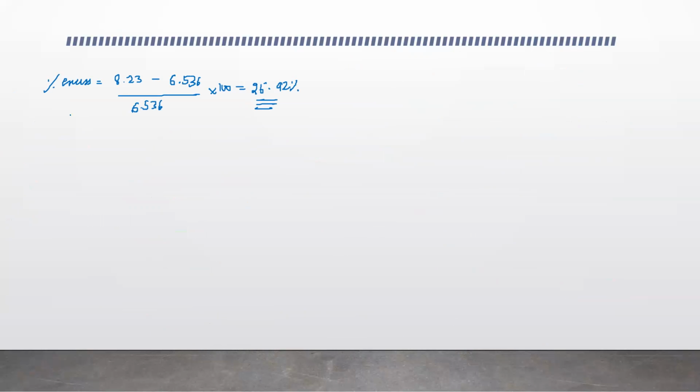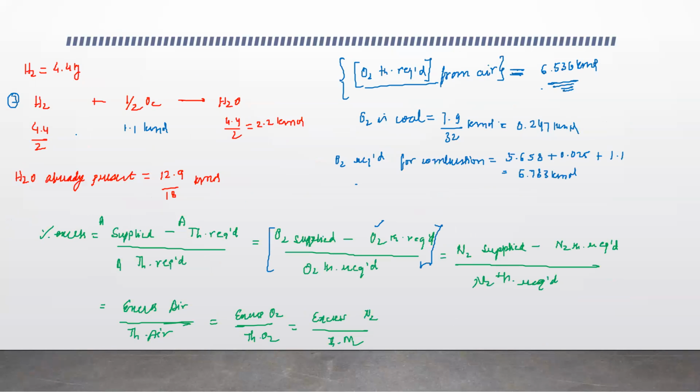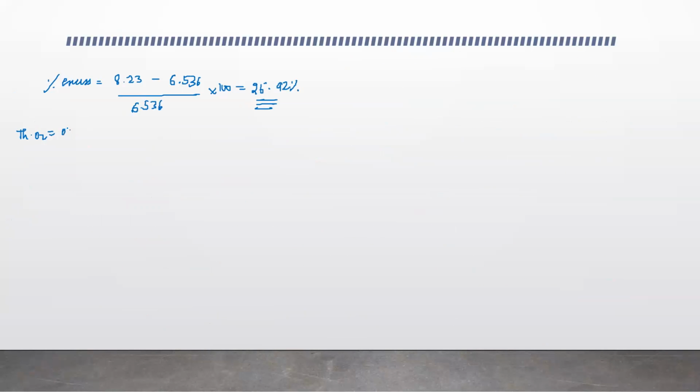So since theoretical oxygen is 6.536 kilomole, that implies that theoretical air that is going to be required is 6.536 upon 0.21.